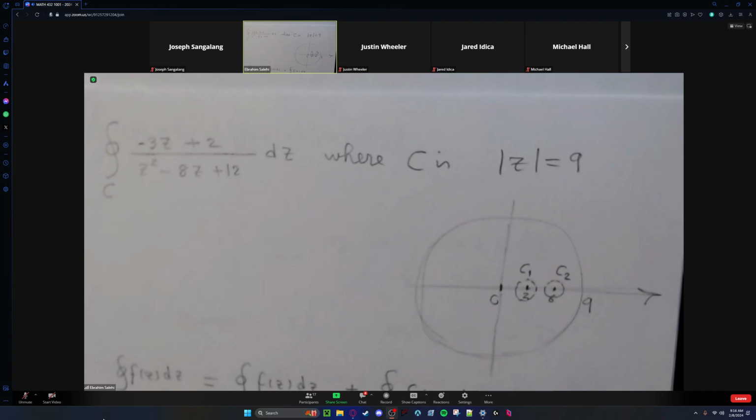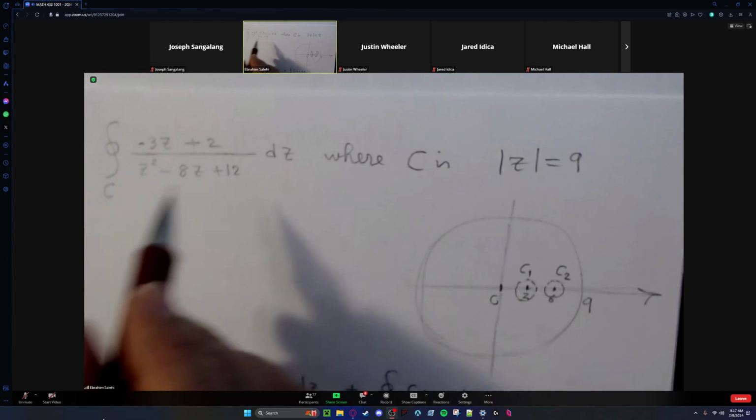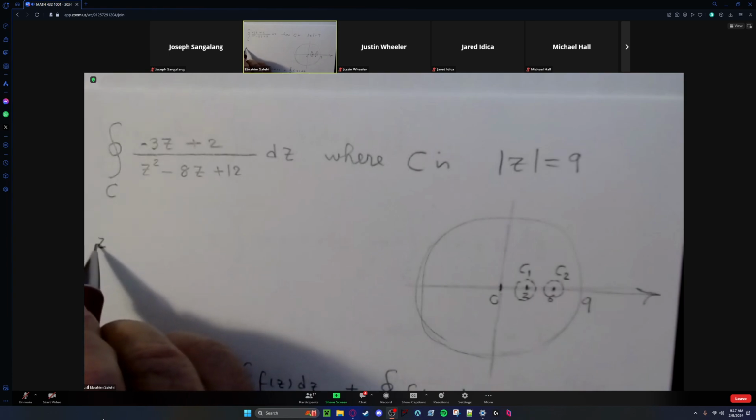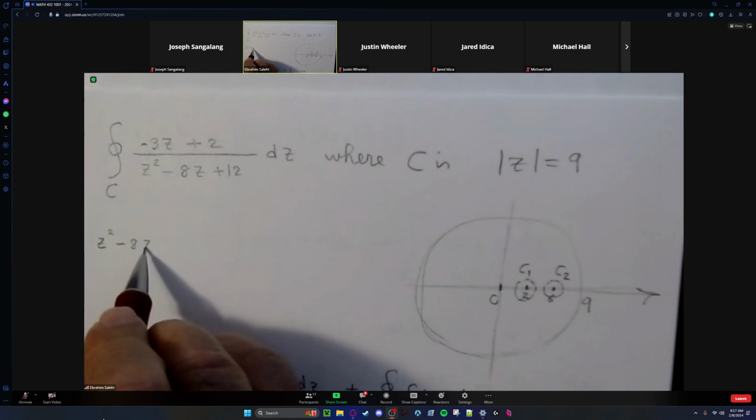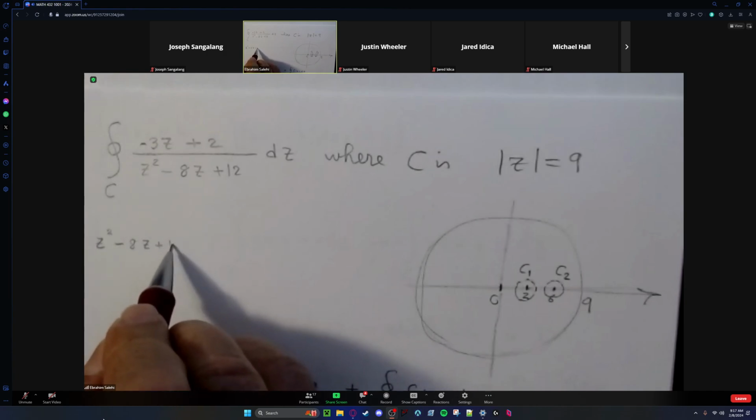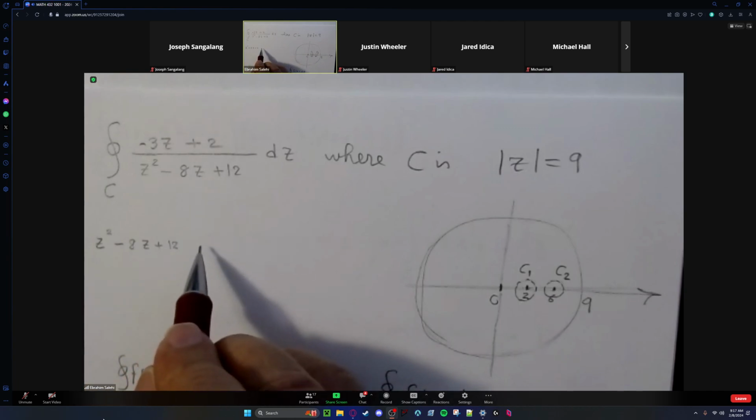But there are 2 bad points here. One bad point is 2, the other one is 6, because the denominator z squared minus 8z plus 12 can be factored.